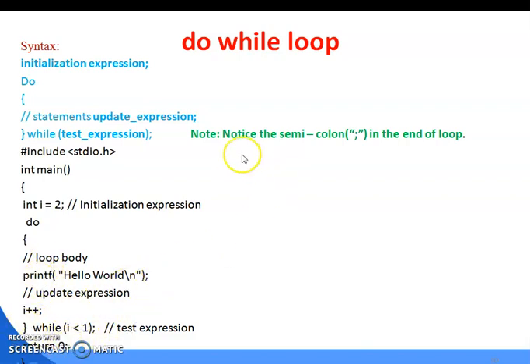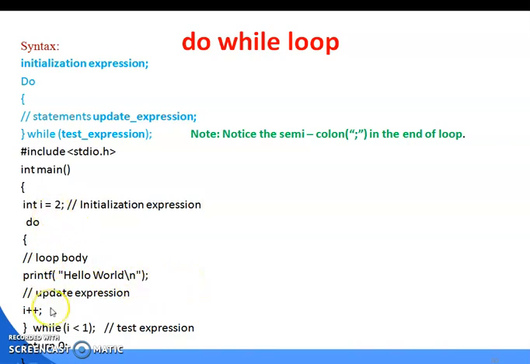So, what is the demerit of this do while loop? Why is it known as the exit control loop? Because at least once you enter this loop and print the value, this hello world, right? After that you check the condition, while i less than 1. That means a minimum of one statement will be printed on your screen.